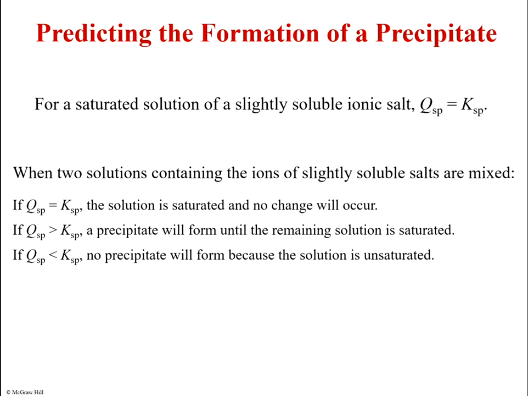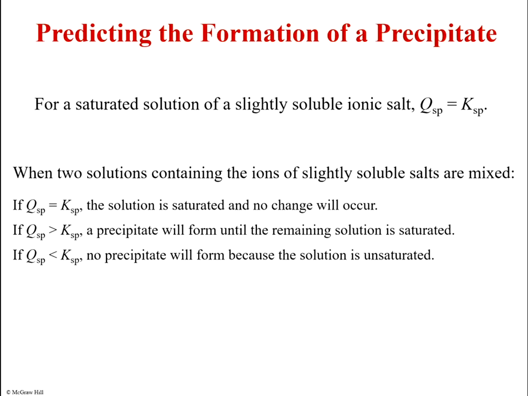When two solutions containing the ions of a soluble salt are mixed, if QSP is equal to KSP, the solution is saturated, it's at equilibrium, and no change occurs. So we can look up the KSP in tables of KSP values, and if our QSP is equal, then we'll have a saturated solution.